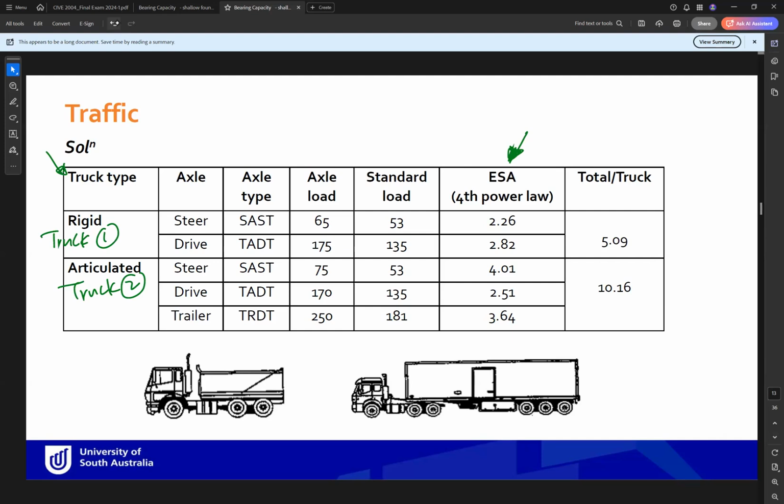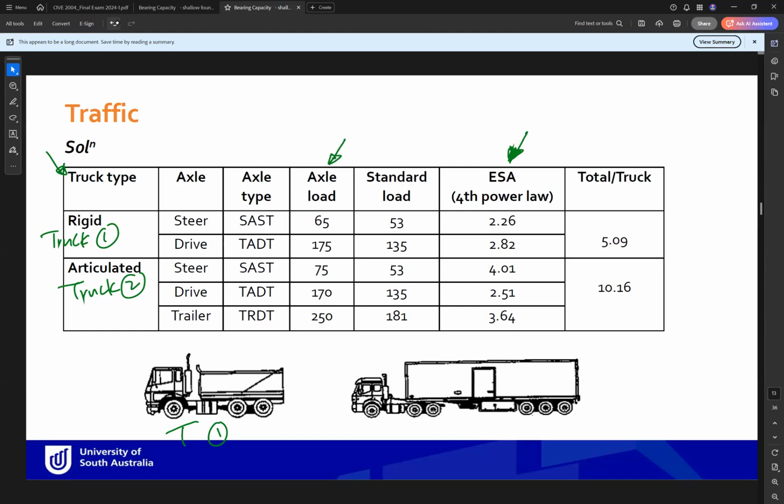For example, for truck 1 here, how many axles do we have? 2. The first one is single axle, single tire, SAST. The rear axle, or the drive axle, is TADT, or tandem axle dual tire. Then you will have the axle load, then the standard load.